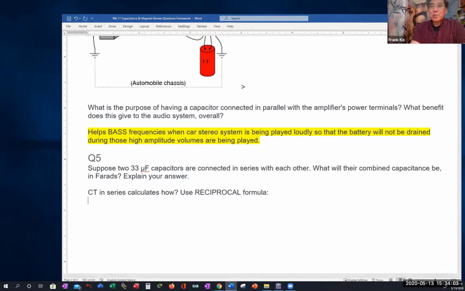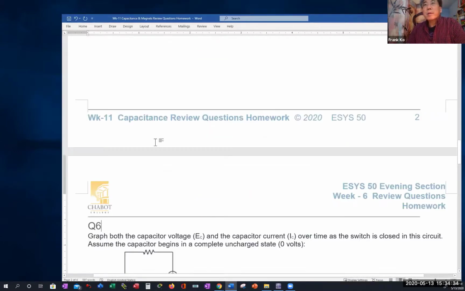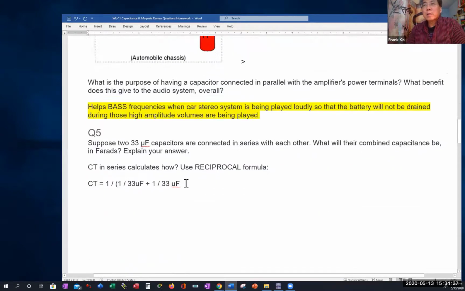So CT in this particular case is going to be equal to 1 over 33 microfarad plus 1 over 33 microfarad. So there's your formula.